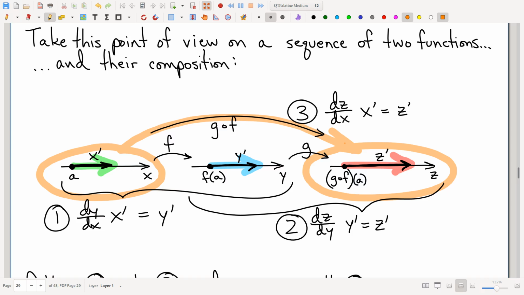And in the same way that the derivative of f turns x prime into y prime, and the derivative of g turns y prime into z prime, likewise, the derivative of the composition turns x prime into z prime.